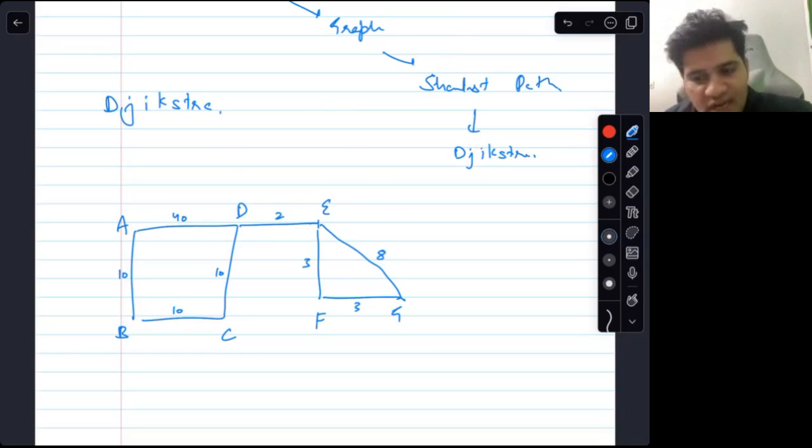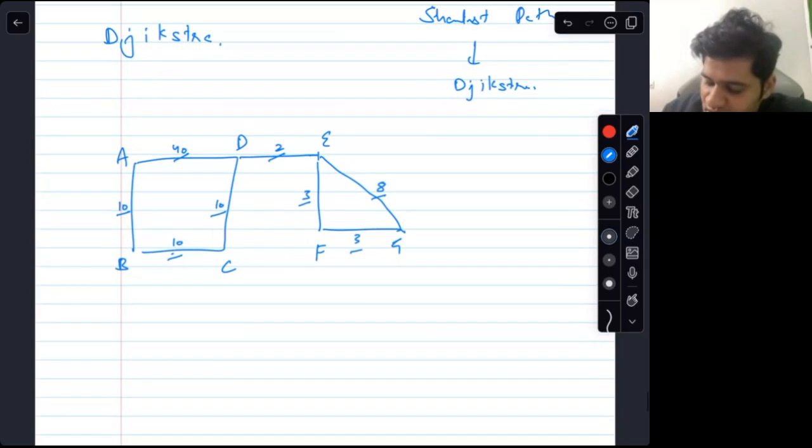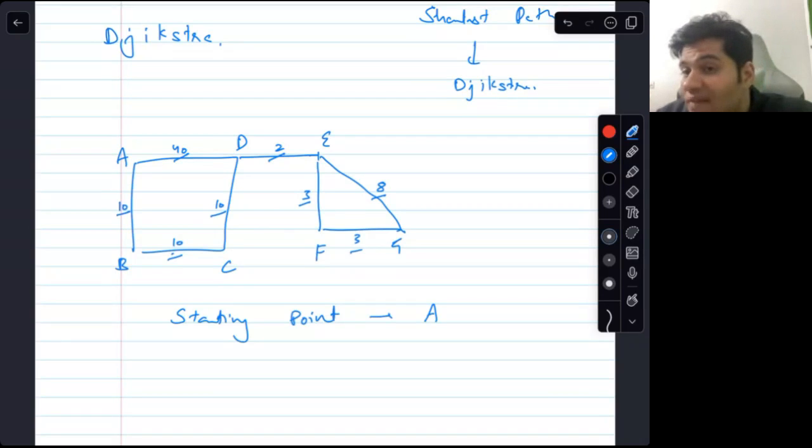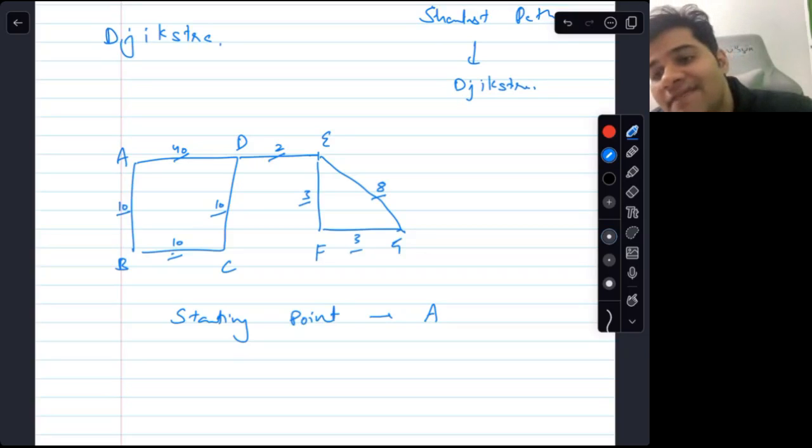A, B, C, D, E, F, G are cities, and they are connected by these roads with distances. So the question is, you are given a starting point A, and you have to tell me the shortest path to every city from A.